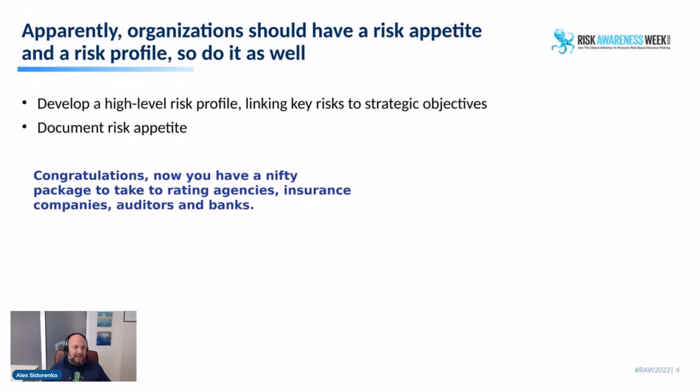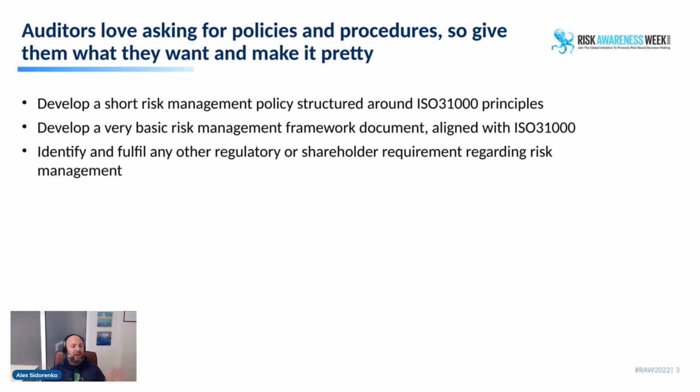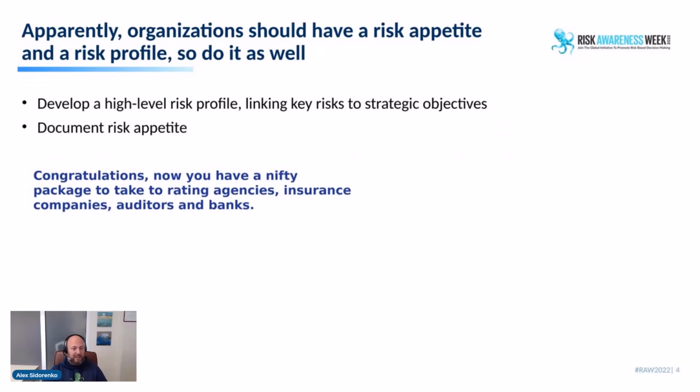Okay, next, just to wrap up on risk management one. Most of the time you can get away with just a policy, maybe a framework document. With those two documents, you can get away with that.